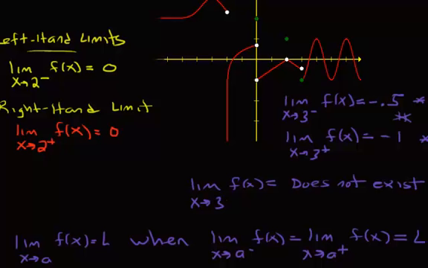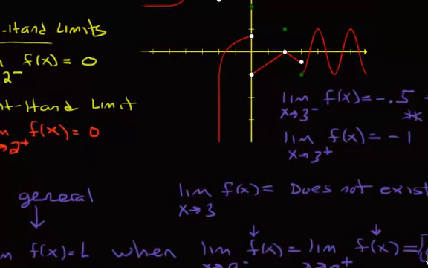So our general limit, which is right here, is going to equal L, some specific y value, only when the left-hand limit, which is right here, and the right-hand limit equal each other and specifically equal that same L value.